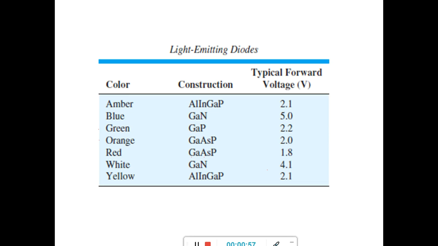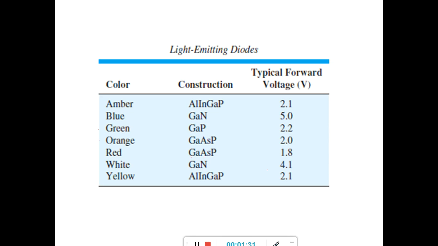We had also discussed the concepts of the direct band gap semiconductor and the indirect band gap semiconductor. Usually the semiconductors which possess an indirect band gap do not emit light, whereas the compound semiconductors like gallium arsenide, gallium nitride, gallium arsenic phosphide possess a direct band gap, so that during the recombination process they have the ability to emit light of a specific wavelength.